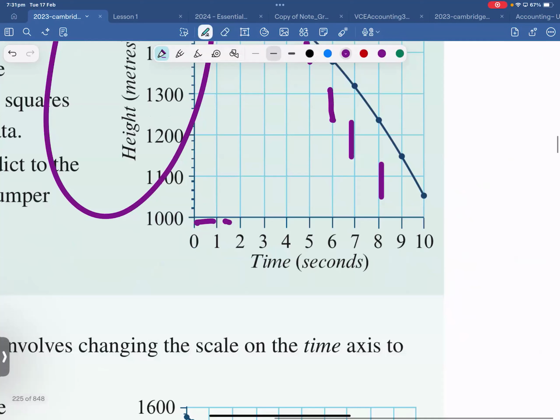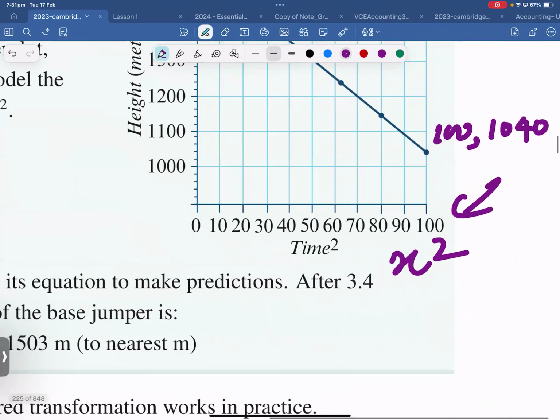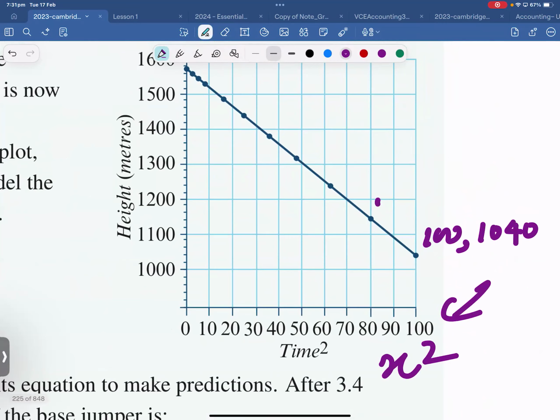And then this one, 9 squared, 81, and the y value is 1400. So 81 and 1400. Make sense? So basically, y values will be the same, and then we take that corresponding y value for the x squared.